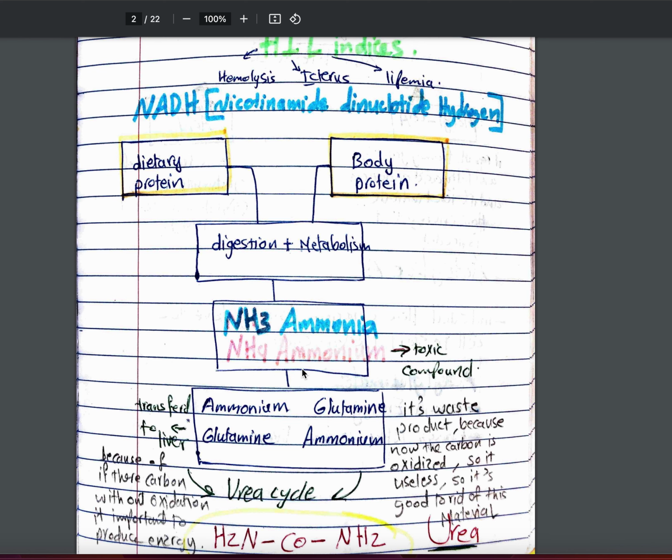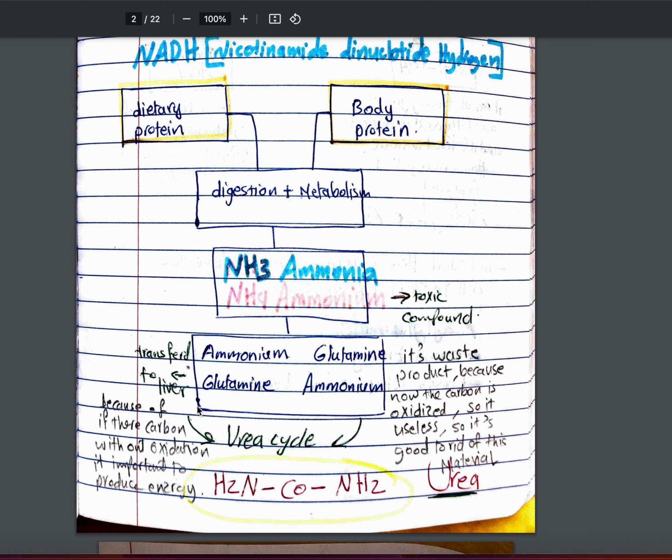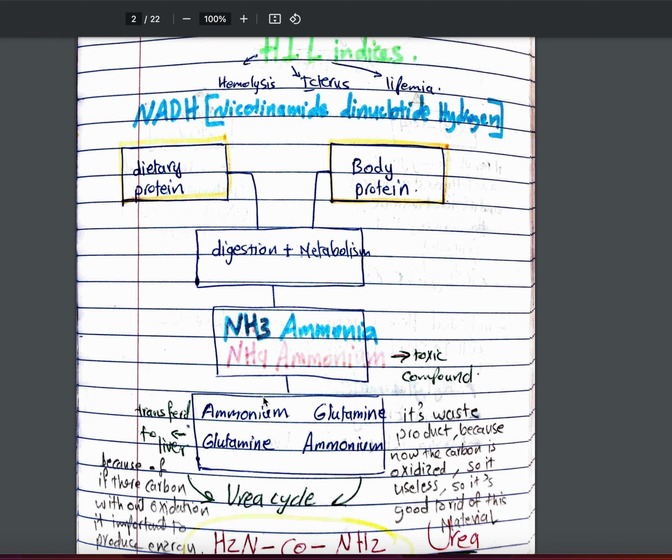So again, before we go into what the urea cycle is and what the products are, we have dietary protein, we have body protein, then they undergo digestion and metabolism, and that leads to the production of NH3, which is ammonia, and NH4, which is ammonium, and the ammonium is a toxic compound.